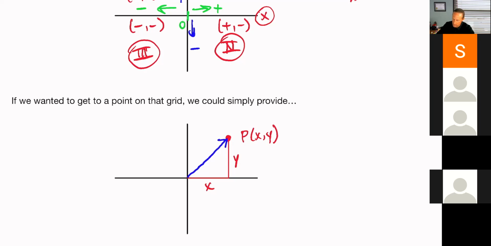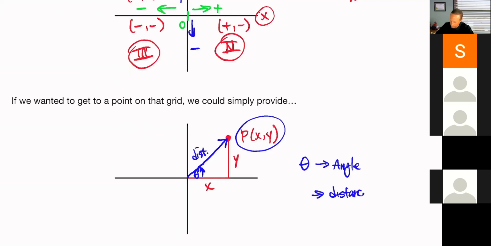Well, then I would need to know the distance that I'm traveling, and I would need to know the angle, which we're going to use Greek letters to denote. It's called theta. So instead of giving you an X and a Y, I can give you an angle and a distance. And we're going to call that the letter R.